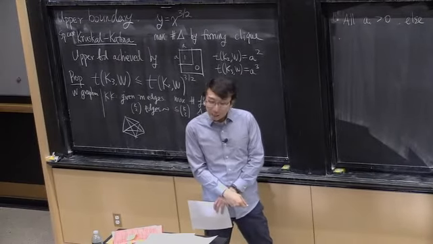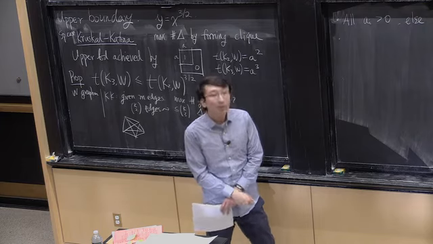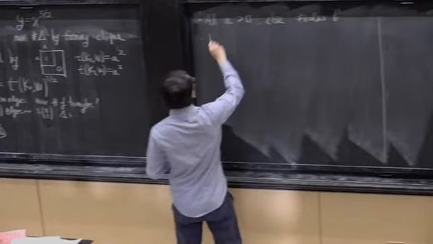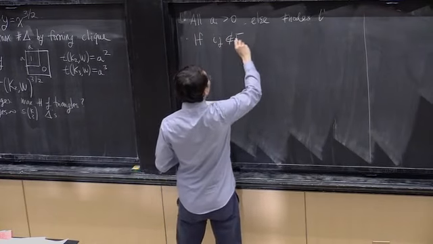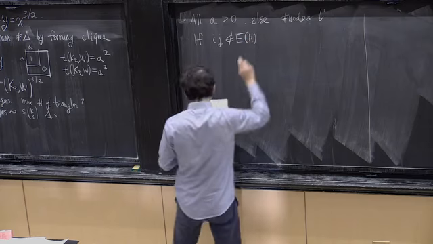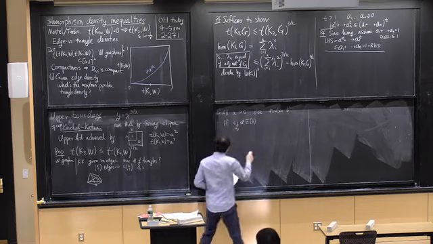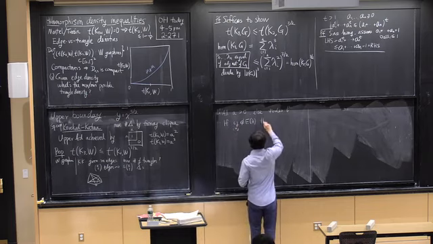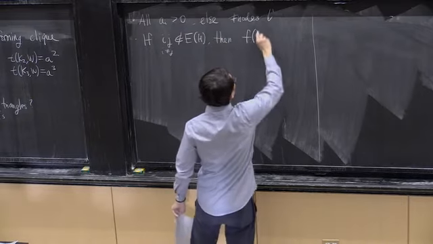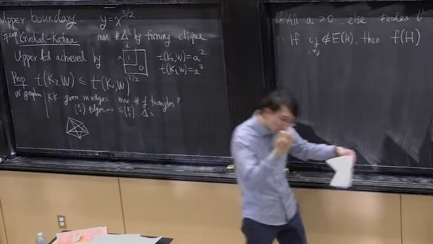I would like to claim that H must be a complete graph, because if some ij is not an edge of H, where i is different from j, I don't allow loops, H is simple, then let's think about what this expression f of H should be. I don't want to write this down, but I want you to imagine in your head.